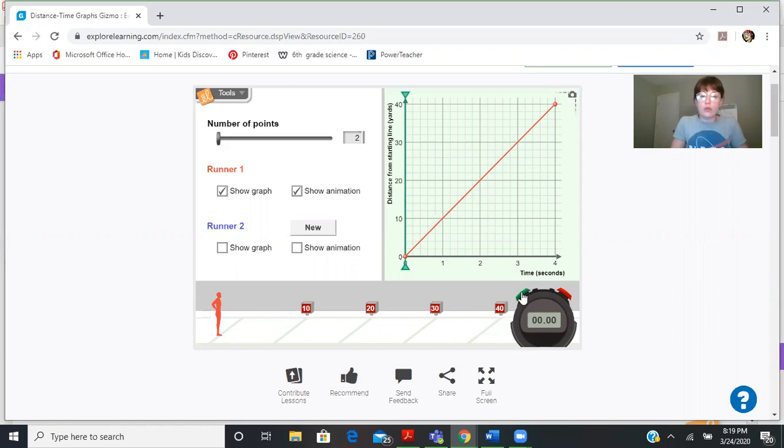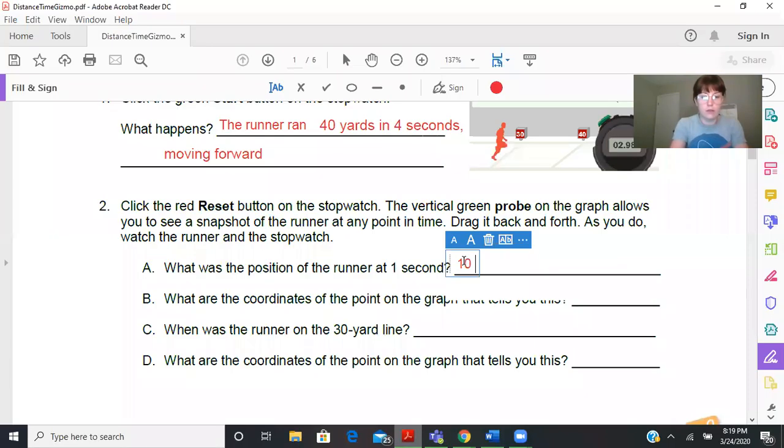I'm going to move the probe, and the first question asks, what was the position of the runner at 1 second? So here I am at 1 second, and I can see the position of the runner, both on the graph and the runner itself is at 10 yards. What are the coordinates of the point on the graph that tells you this?